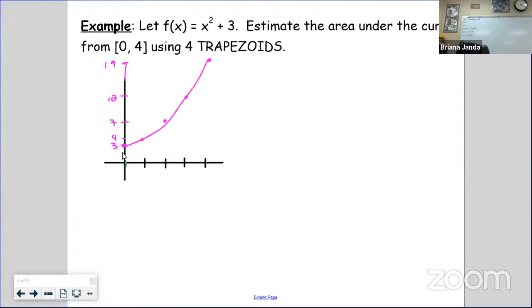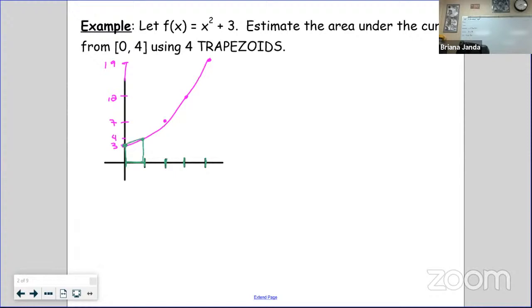Okay, so from 0 to 4, splitting into 4 sections, and in those sections we're going to draw a trapezoid. Our height of our trapezoid becomes the distance here, and the 2 bases are what connect up to our function.